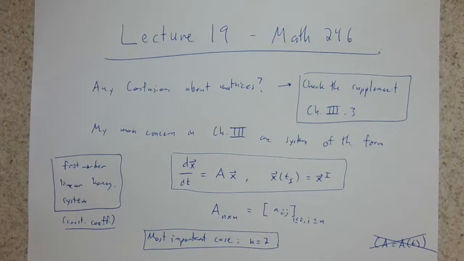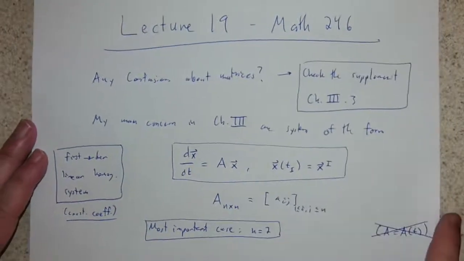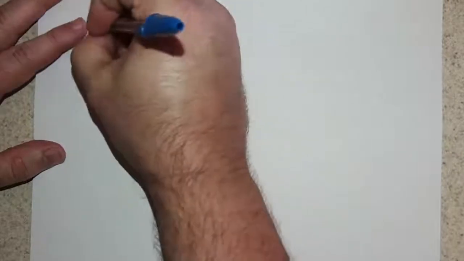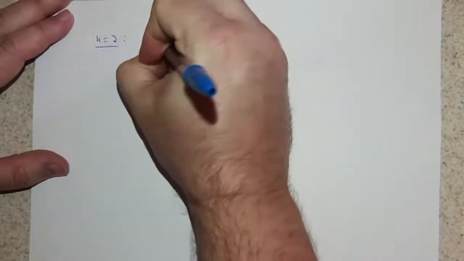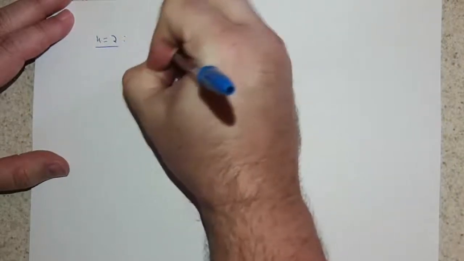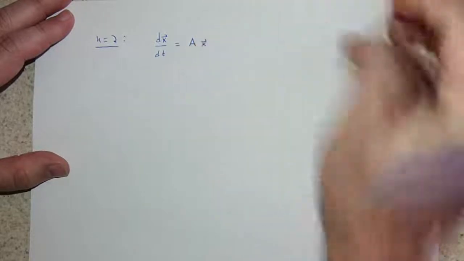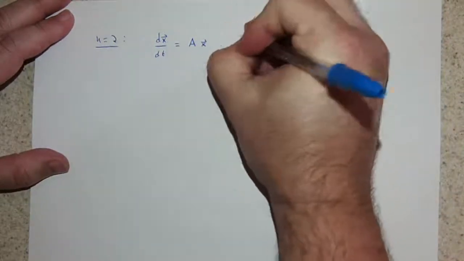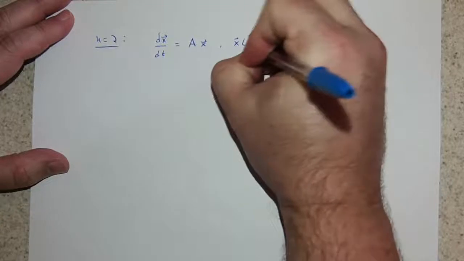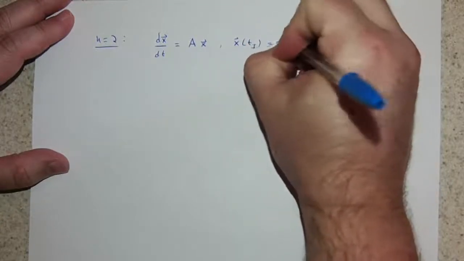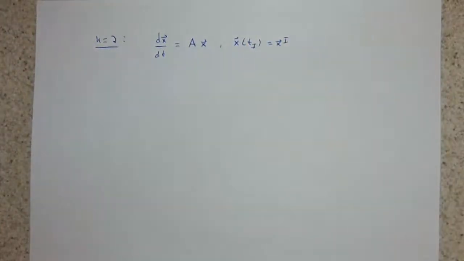So typically, this A is going to be a 2 by 2 matrix. What does that problem look like? If n is equal to 2, the equation is dx/dt equals Ax, and I have some initial vector that I'm calling x^I.